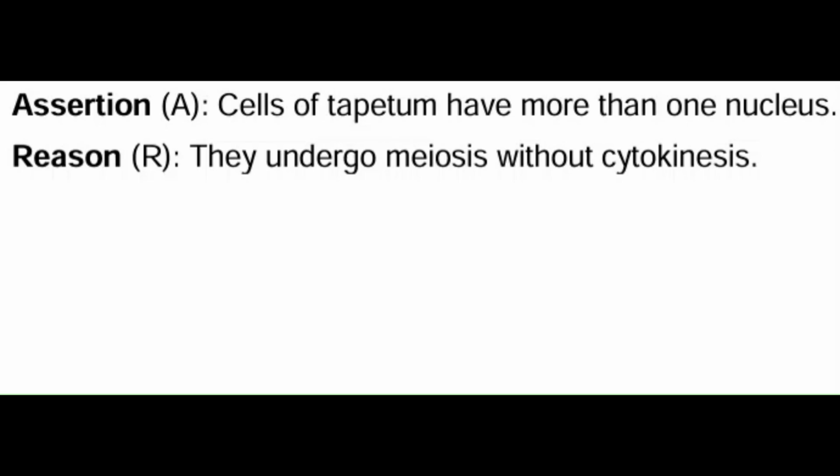Assertion: cells of tapetum have more than one nucleus. Reason: they undergo meiosis without cytokinesis. The cells of tapetum have more than one nucleus. That is true, so the assertion is true. We'll see the reason.